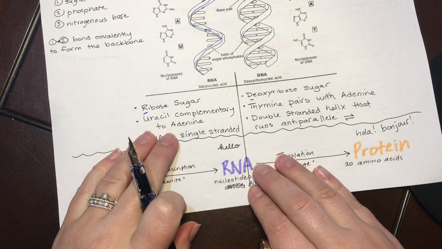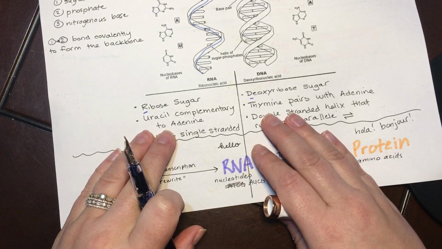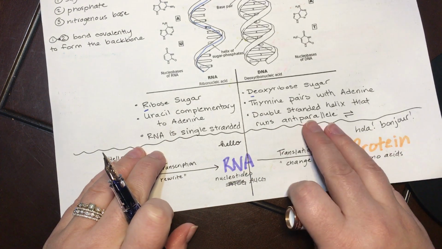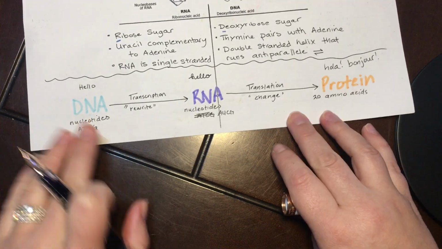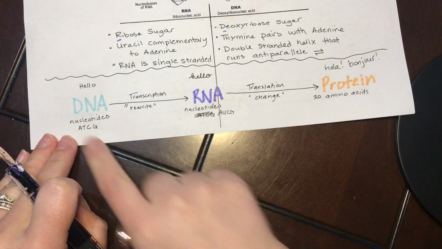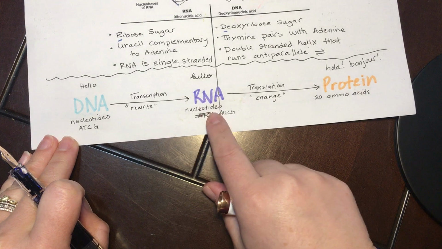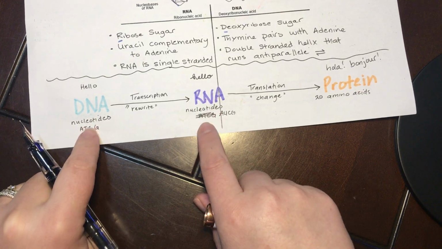Uracil is in RNA when it's needed to be complementary to adenine. Thymine in DNA, single-stranded, double. And the last part here I like to think about is our entire process here. We're going from DNA to RNA as transcription. We're just rewriting the message because the language is the same.